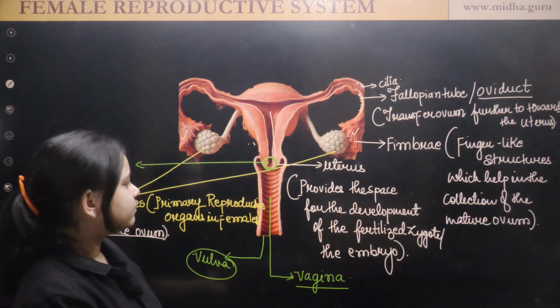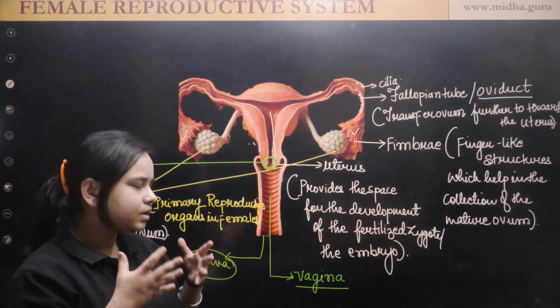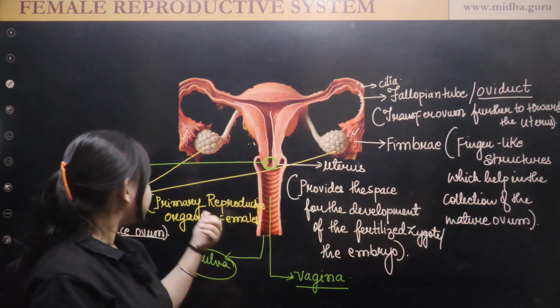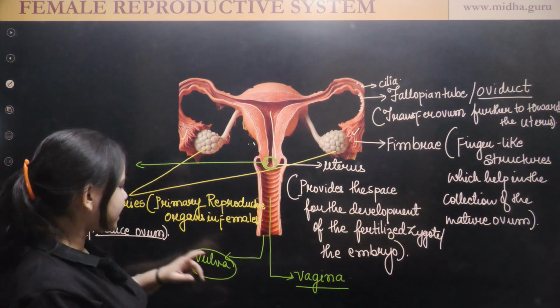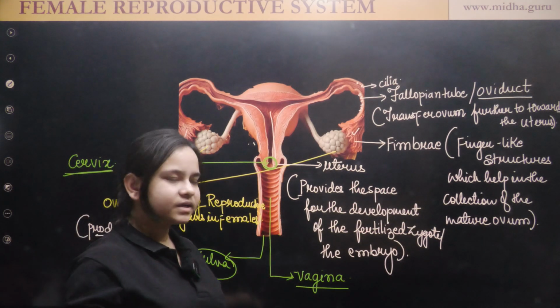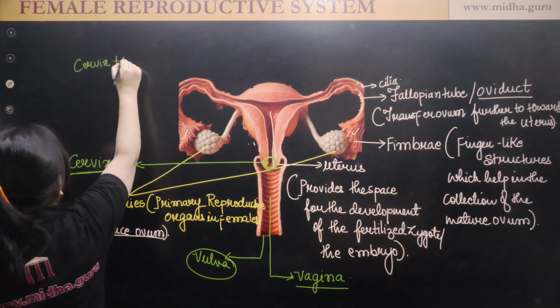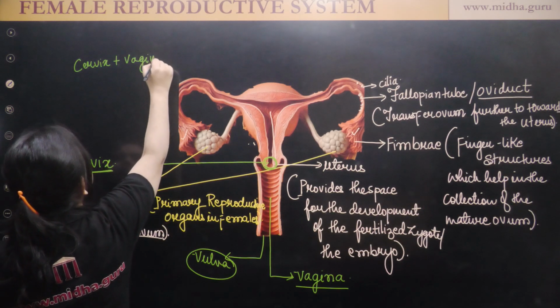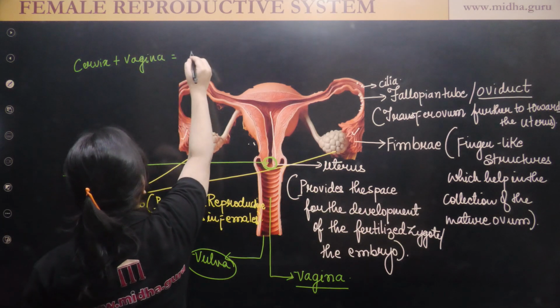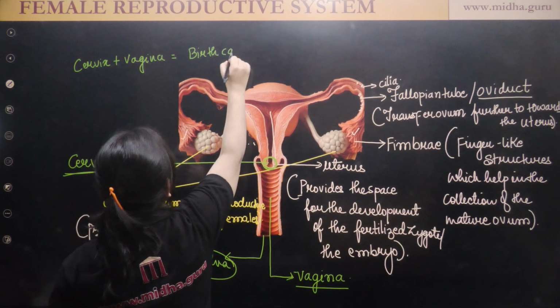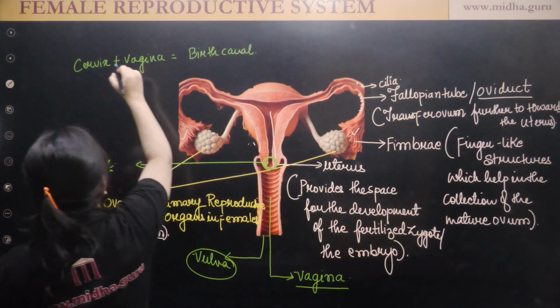Whenever there is a normal delivery, the developed child passes through the cervix and the vagina. So the cervix and vagina together are called the birth canal.